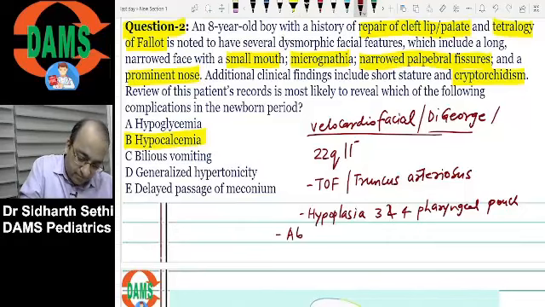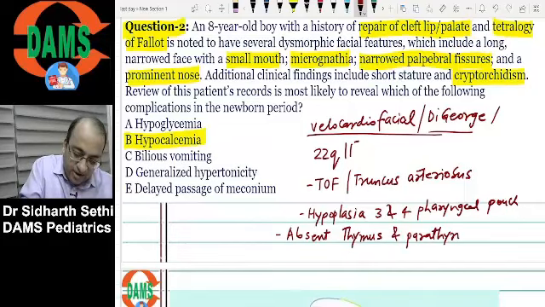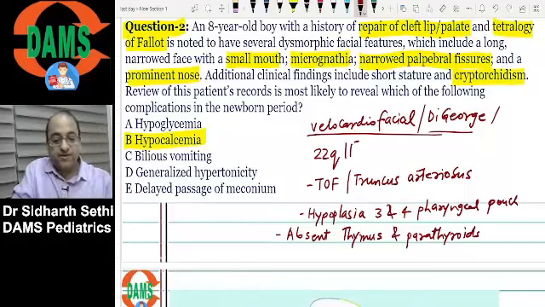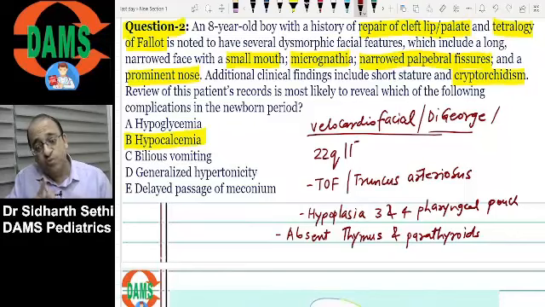Thymus and parathyroids. So this child has absent thymus and absent parathyroids. So all of you, any newborn with low calcium, hypoparathyroidism means hypocalcemia.